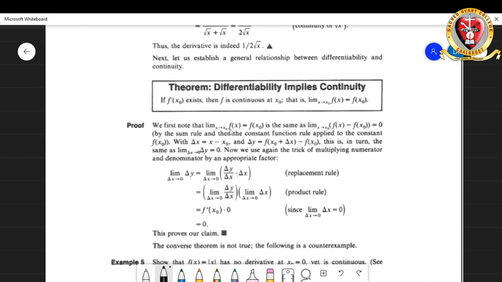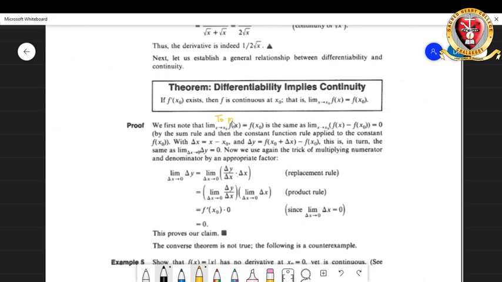So the main thing we have to remember is that limit x tends to x naught, f of x is equal to f of x naught is the same as limit x tends to x naught, f of x minus f of x naught is equal to 0. Okay, so what do we have to prove?